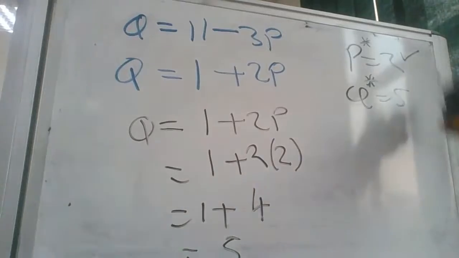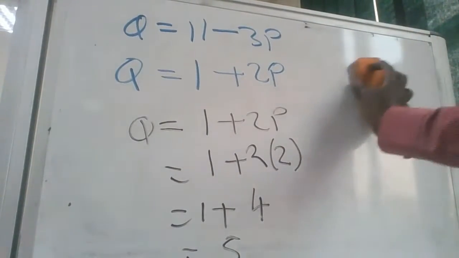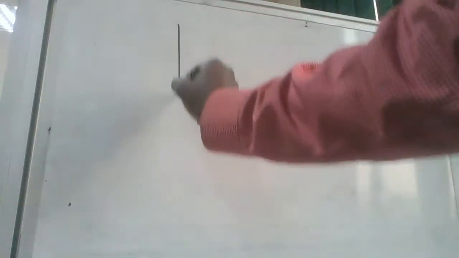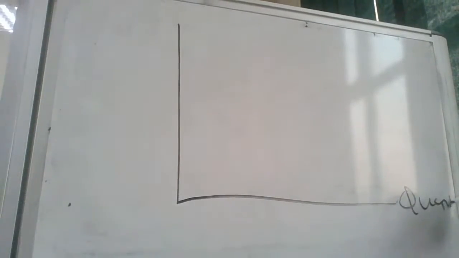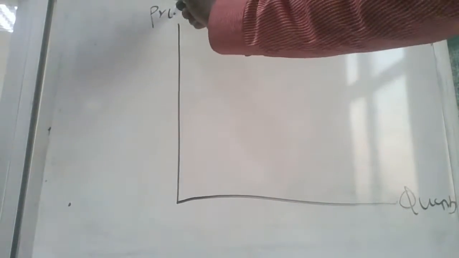Okay, so the last thing that we're going to look at is welfare economics, the consumer and the producer's welfare. But the way we're going to do it, we'll do it on the market structure, on the market equilibrium. Okay, so let's do that. So quantity, and then we have price.